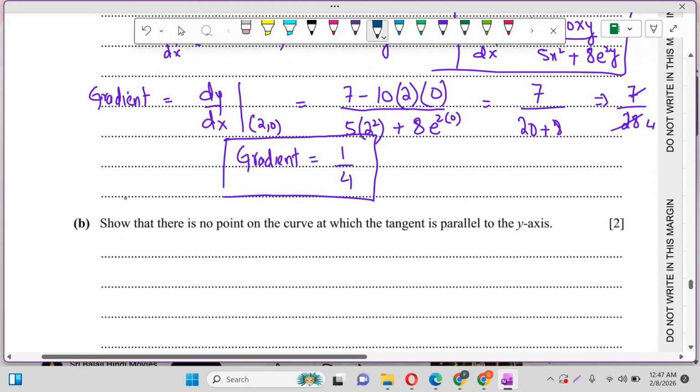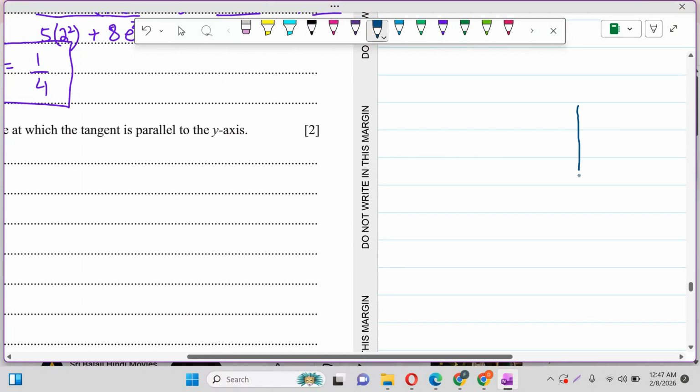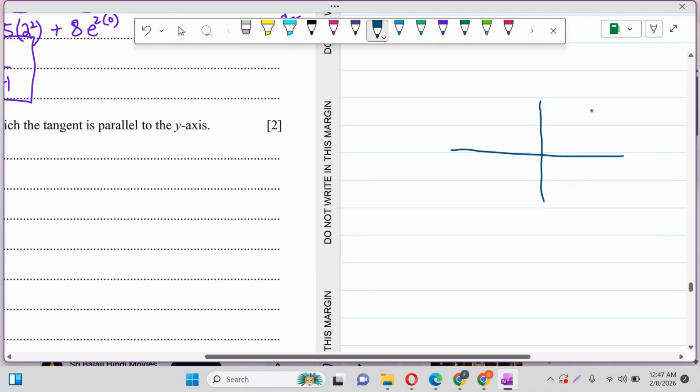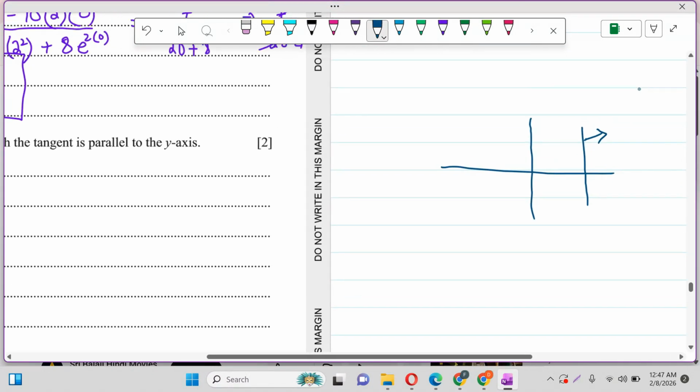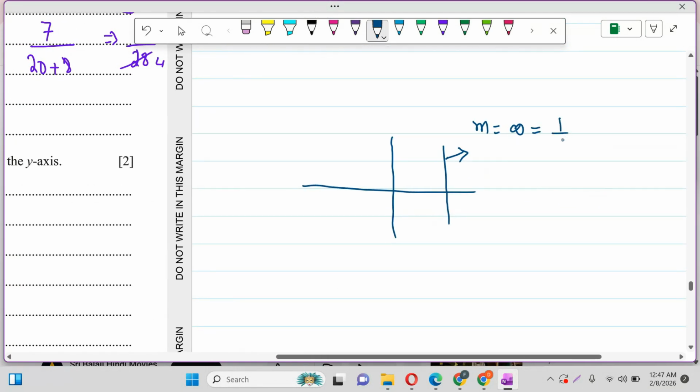Now part B: show that there is no point on the curve at which the tangent is parallel to the y-axis. First, we should know that if a line is parallel to the y-axis, this line will have a slope equal to infinity, or you can say 1 over 0.